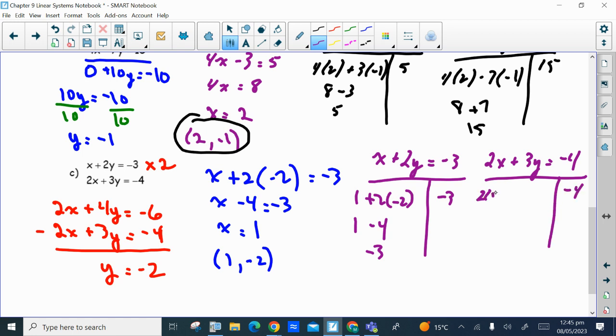Two times x is 1, plus 3 times y, which is -2. You're going to get 2 take away 6, which is -4, so it checks for that as well. We've just shown that our solution works. It satisfies both equations, so it would be the point of intersection if we graph them.